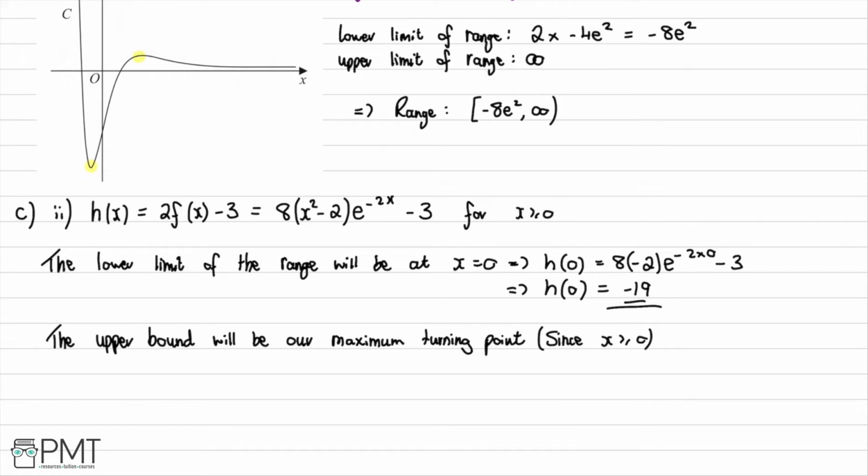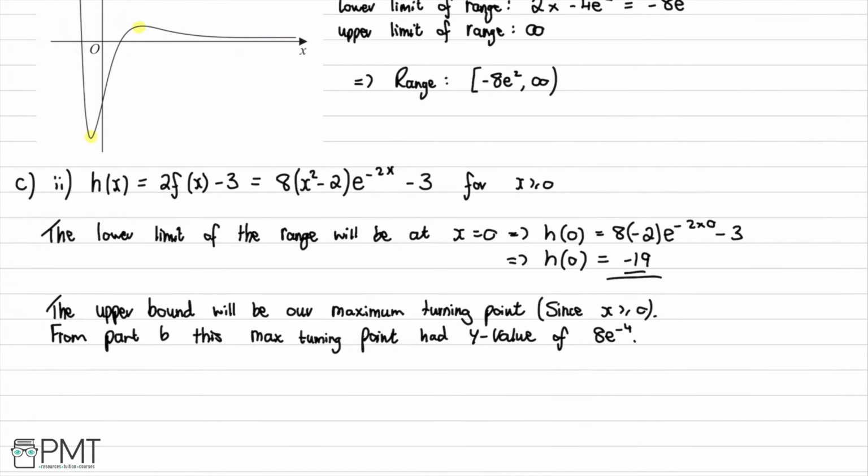And we recall from part B, this max turning point had y value of 8e negative 4. But this time, we know that our function has been doubled and shifted by negative 3. So therefore, for the h of x function, this point will be 2 lots of 8e negative 4, and then we subtract 3.